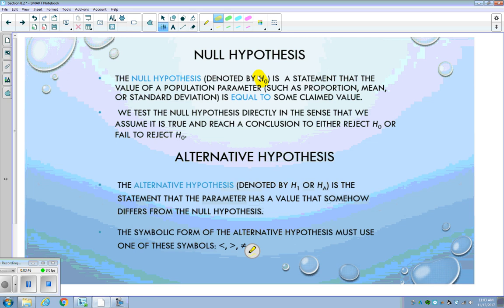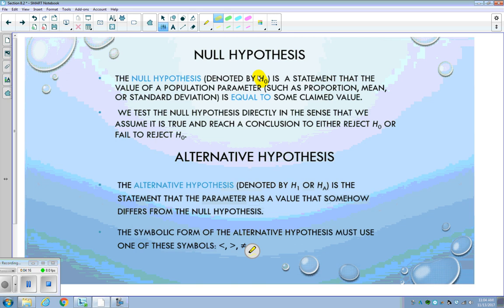Then, after we did our test, we drew 5 cards. We need to reach a conclusion. These are the only conclusions that you can make. You're not proving anything, and that's where students have a hard time with hypothesis testing. We are not proving the null hypothesis.